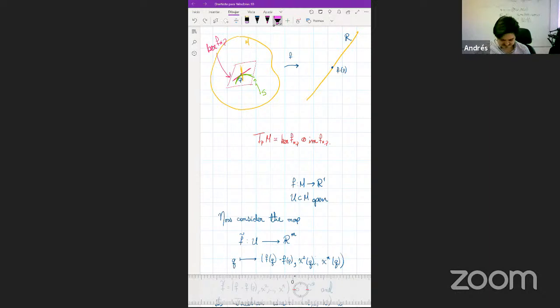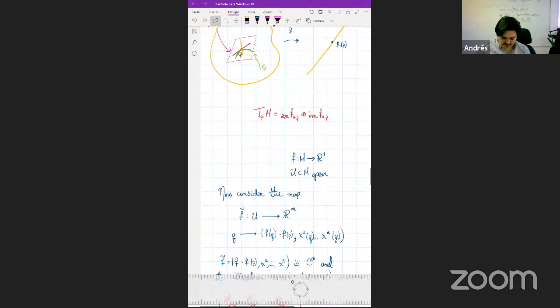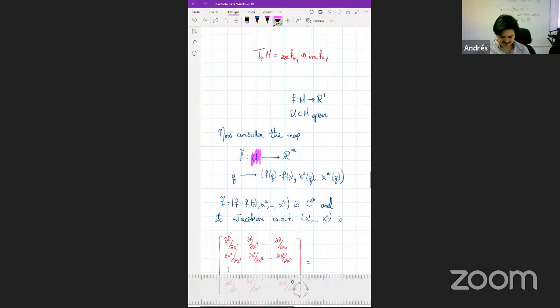Well, almost. First of all, it is defined on U and it is C infinity, right? Because we already know it for the coordinates, and also for F by hypothesis. So this is C infinity. And what about the Jacobian?